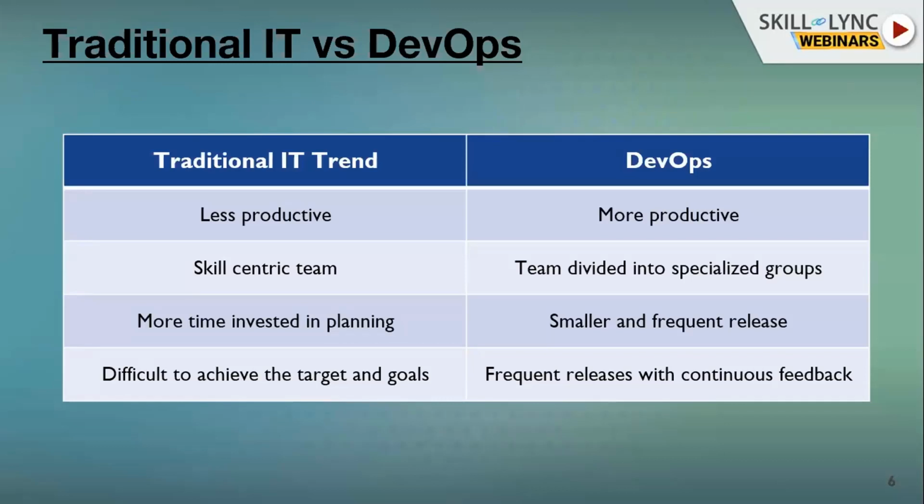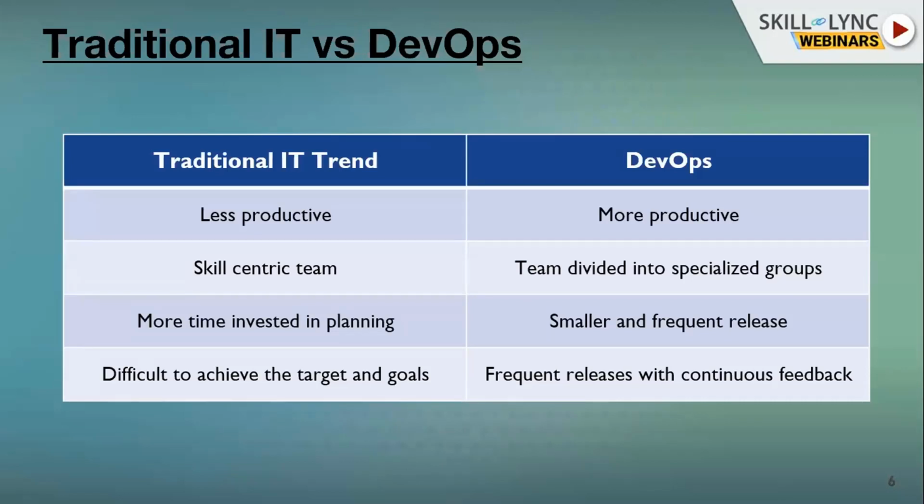That's why there is always difficulty achieving a common goal. But in DevOps, everyone is aware of what is happening. Each team is continuously interacting with each other, taking feedback from the product owner or the customer, so it becomes very easy to achieve the targets and goals, because they don't set goals for the next 6 months.